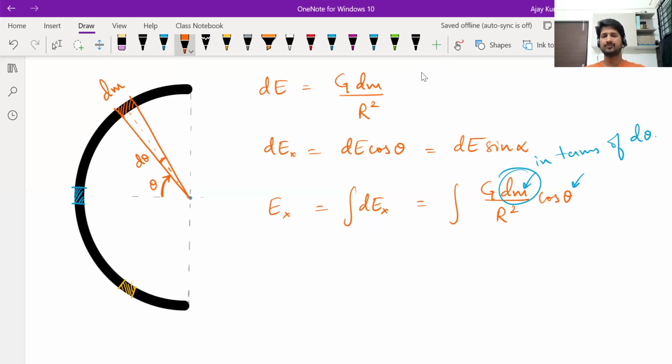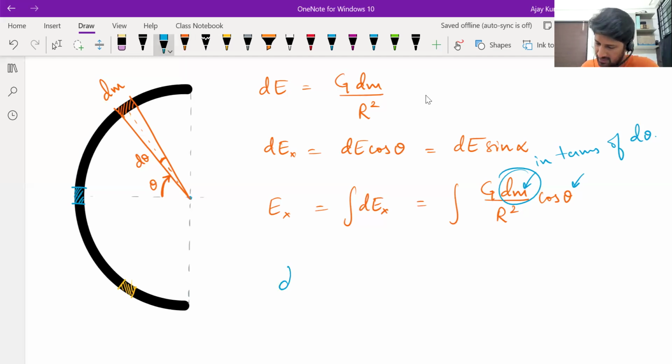Any ideas? So we can write dm equal to lambda into length of the small element. Okay, good. See, our semicircular ring is a linear mass distribution. And in linear mass distributions, if you want to express the mass of an element, you can do it this way.